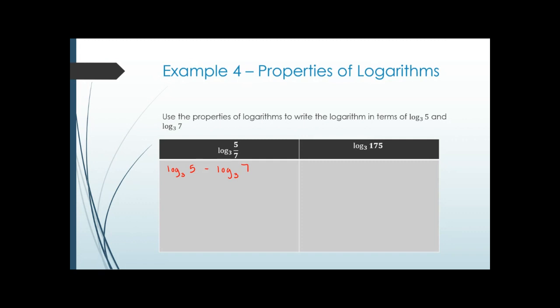And now we only have it in terms of log base 3 of 5 and log base 3 of 7. So then if you had a table of logarithms, you'd look up what is the log base 3 of 5, log base 3 of 7, find those numbers and subtract them. Most tables of logarithms actually were in like base 10 or base 7, so you would even have to do the change of base formula. So having to do these by hand was a bit harder.